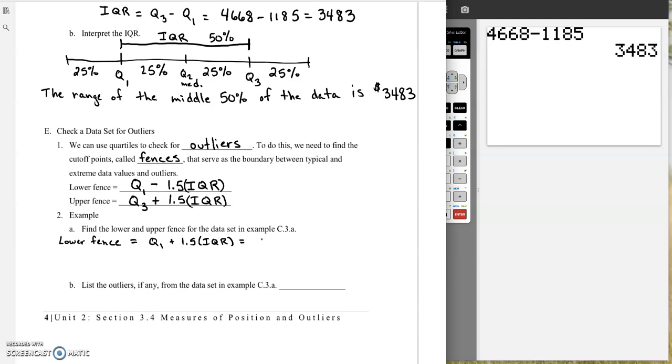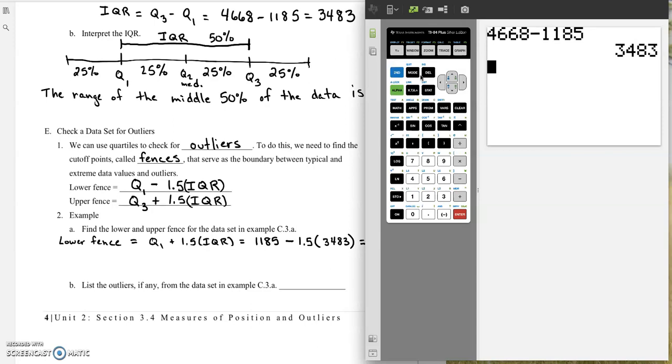Q1 was 1,185, and we're going to subtract 1.5 times our interquartile range, which was 3,483.